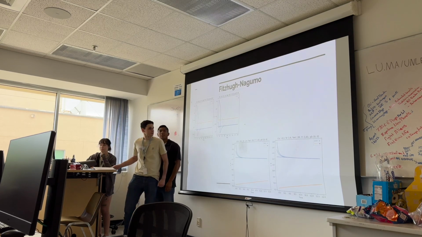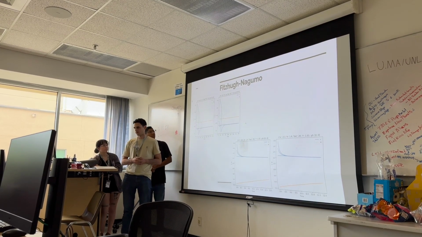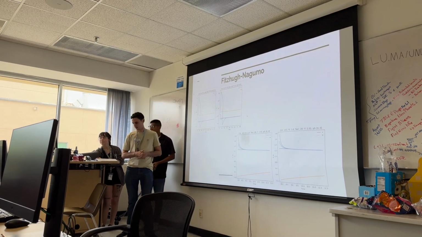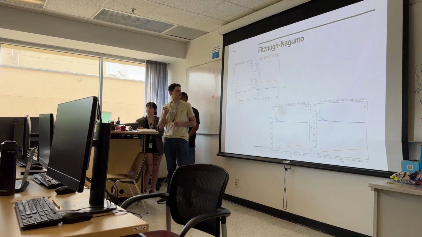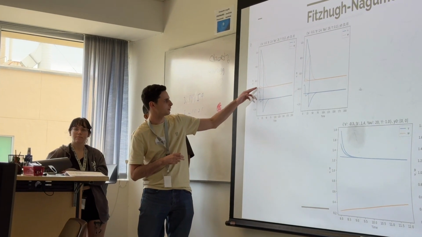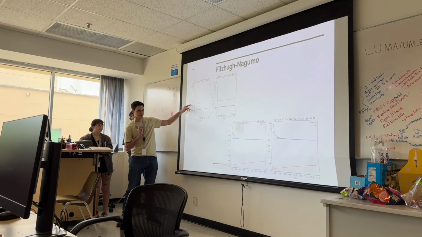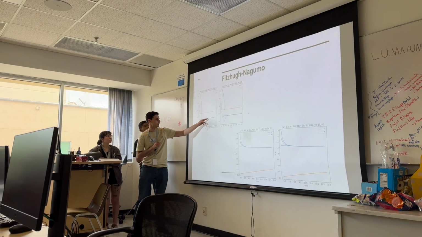Alright, so one of the things that I was looking into, given that this is a hackathon and it's an opportunity to try a lot of unconventional things that may or may not work, was introduced to the Fitzhugh-Nagumo model of neuron activation. Here we can see the voltage of a neuron, which starts off at a resting state, and then given an input from another neuron, goes up and then oscillates down to a rest state.